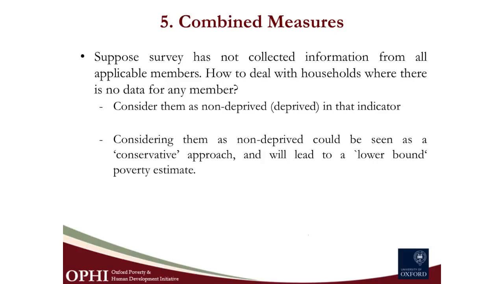This is very similar. Imagine a household where, conceptually, the achievement makes sense for everybody, like nutrition. Anthropometric measures are conceptually relevant for everybody, but I only have data for a group, for instance children under 5, and this household has no children under 5.